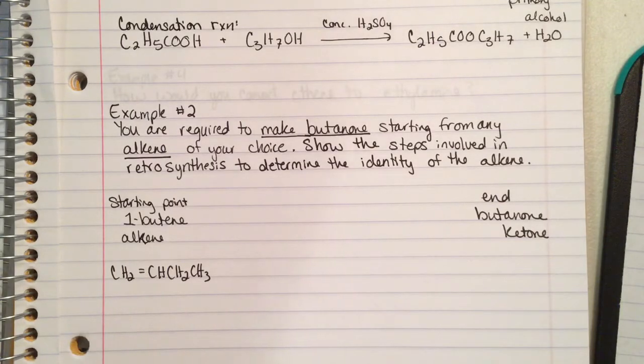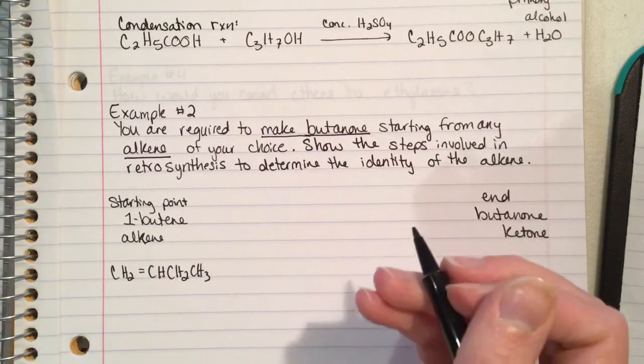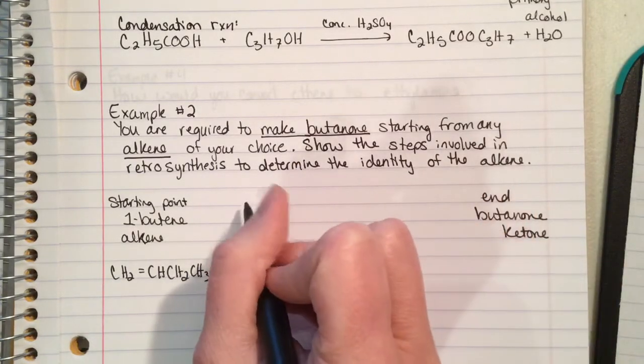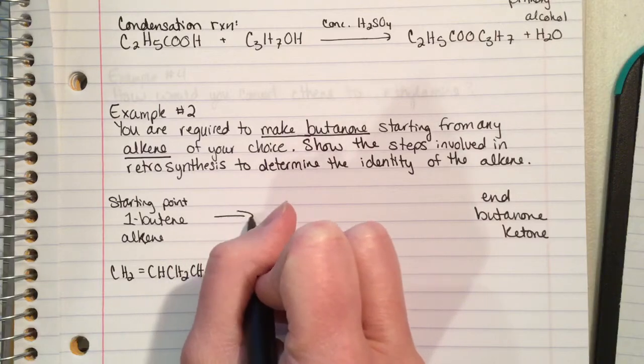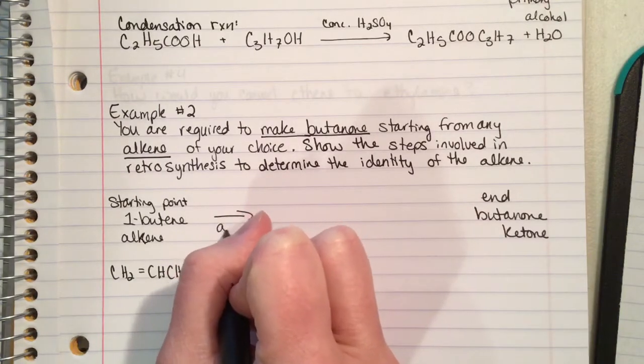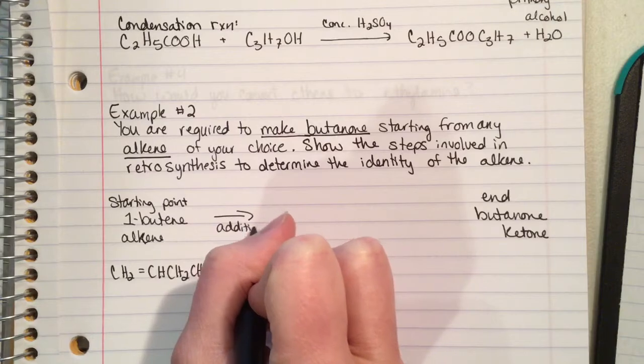So when I go to do an addition reaction, remember that Markovnikov's rule says that that hydrogen is going to go on the least substituted carbon. So that would put the hydrogen here and the OH here. Okay? So I am going to say this is going to be an addition reaction.